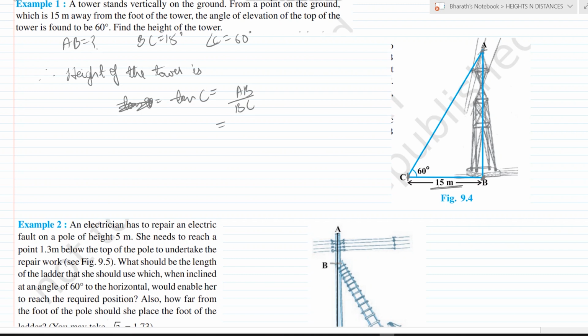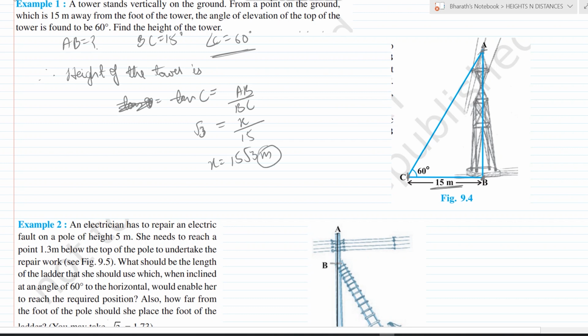So tan C, where C is 60 degree. So tan 60 is root 3. Then AB is unknown, so let's keep it as x, and BC is 15. So x is equal to 15 root 3 meters.